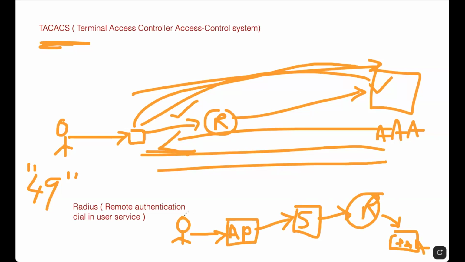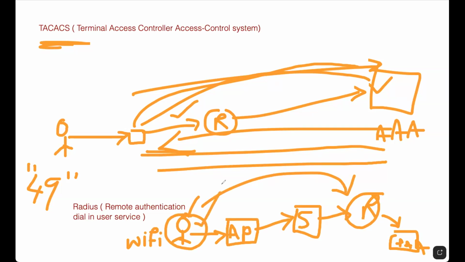Now, this user is not trying to log into the router. That is not the use case, but he is trying to get onto our Wi-Fi. So we have to authenticate this user, whether he should be able to get onto our Wi-Fi or not. To authenticate the remote user and decide whether he should be given the Wi-Fi access or not, that will be done by the RADIUS.